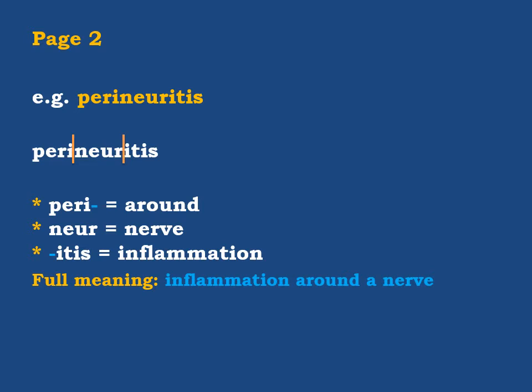We have to start with the meaning of the suffix and then go back to the beginning. So here, if we give them numbers, for example, 1, 2, 3: peri 1, neur 2, itis 3, we start with 3 and then go to 1 and 2. But we use this method if we have a suffix.